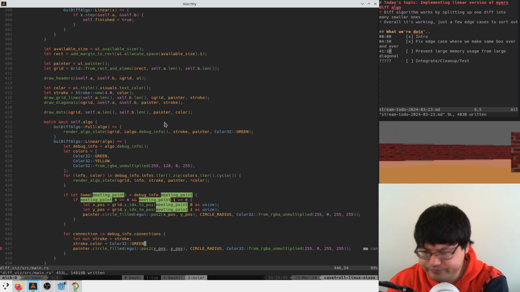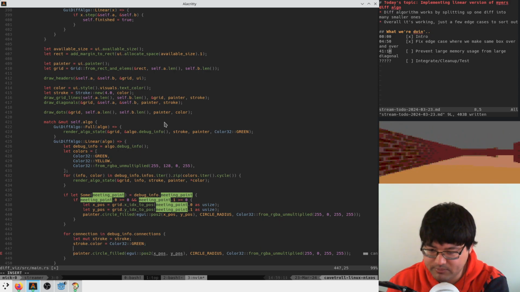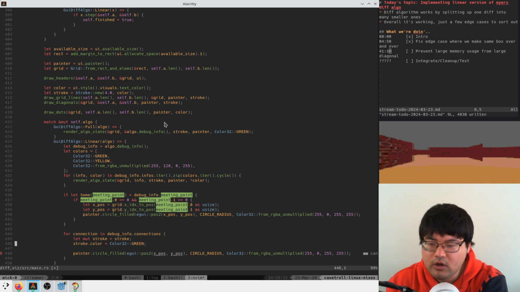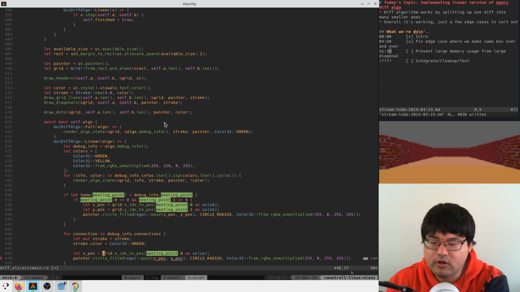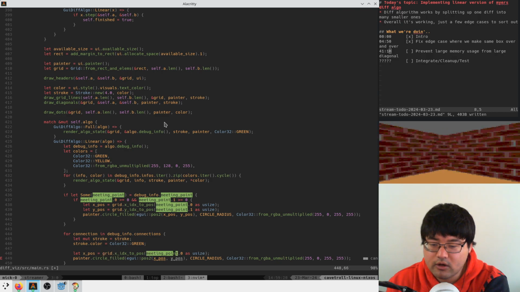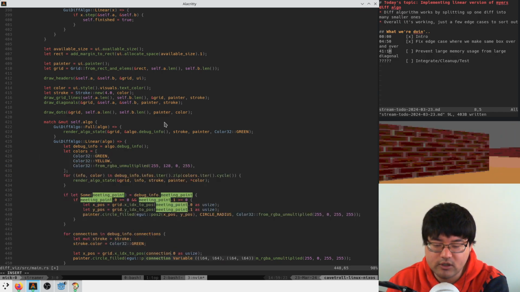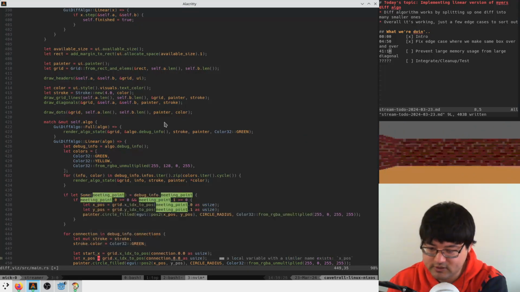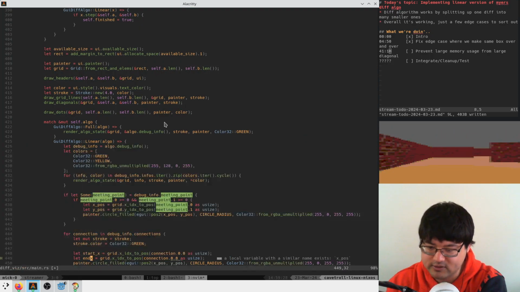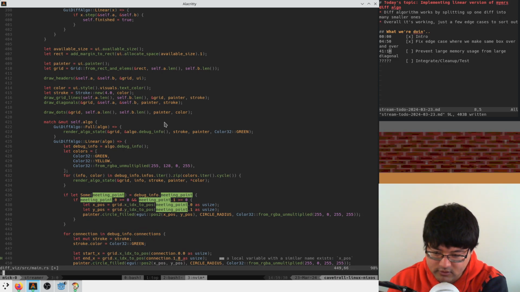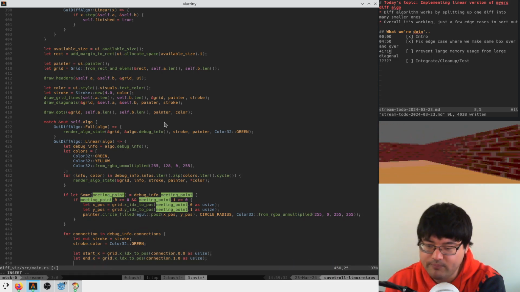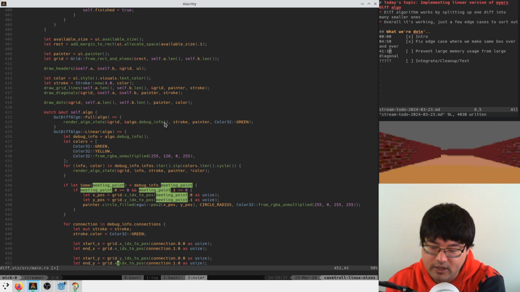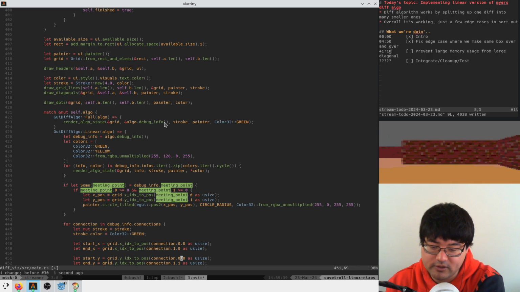It's fine. Then we need to say our beginning position is going to be some sort of conversion from connection 0, 0. This is going to be start x, and end x is going to be connection 1, 0. And we do the same thing for y. So these need to change to y's, and these need to change to 1s.